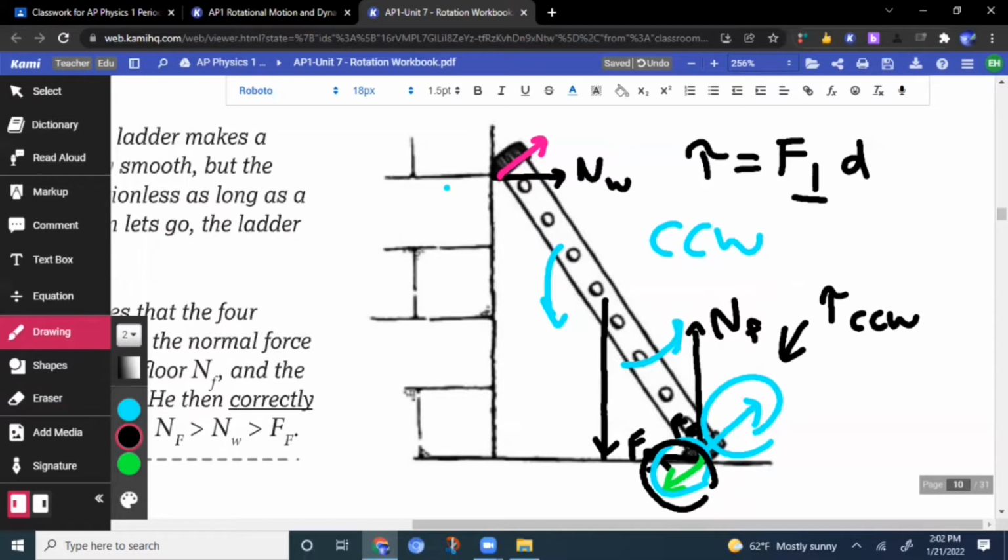Isn't that clockwise rotation? That's causing a clockwise torque. And then so is this. So if you look at this right here, that's causing a clockwise torque as well.